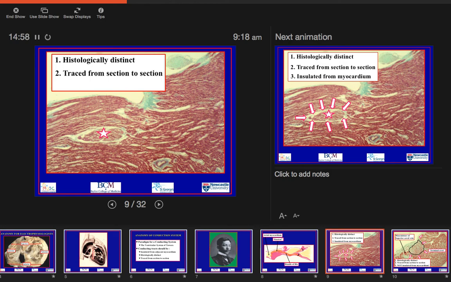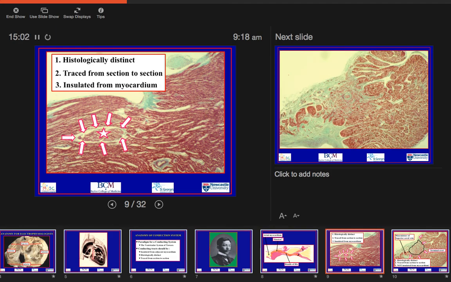And most importantly, if you look carefully, you see there is some green tissue that is interposed between the bundle itself and the adjacent working myocardium. And this, of course, is the right bundle branch. And it is part of Tawara's tract of conduction system.